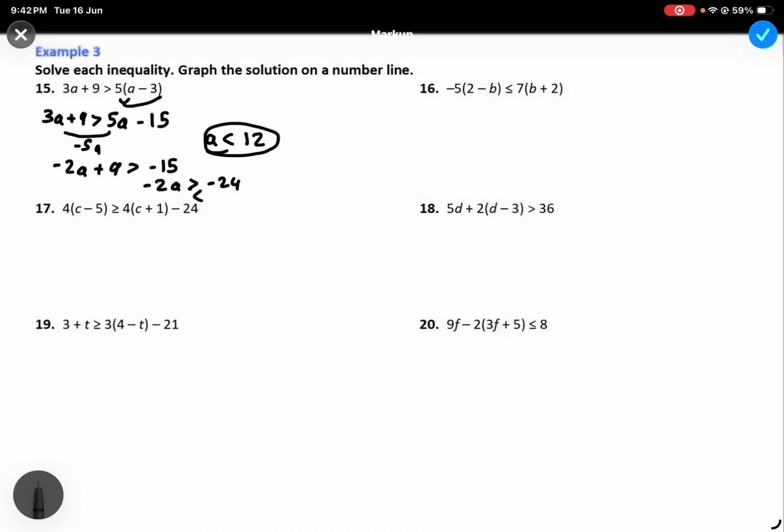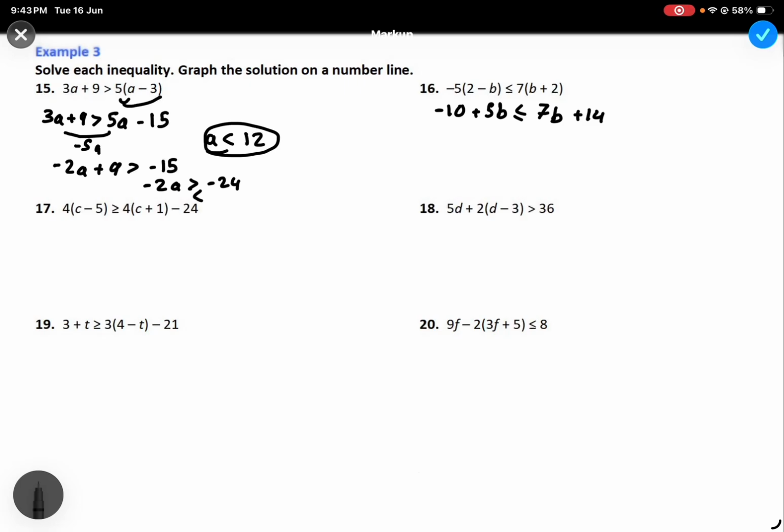For 16, we're going to distribute again. Negative 5 times 2 is negative 10. And negative 5 times negative b, when you multiply two negative numbers, you get a positive number. So plus 5b is less than or equal to. And then 7 times b is just 7b, and 7 times 2 is 14, so plus 14. Now we move everything around.